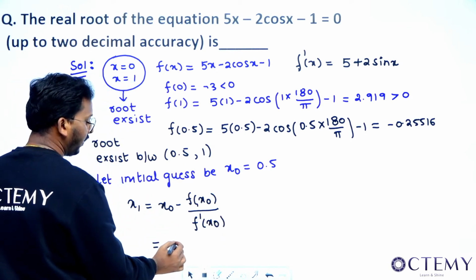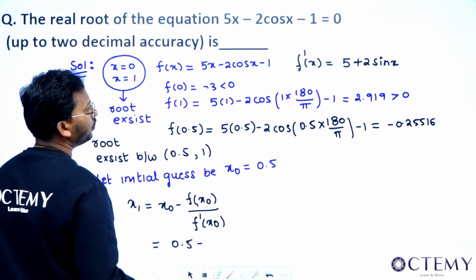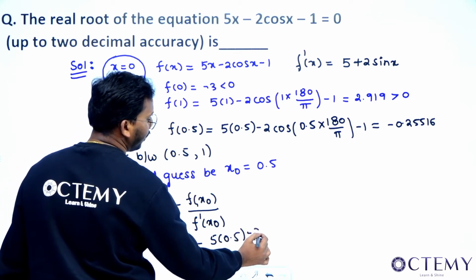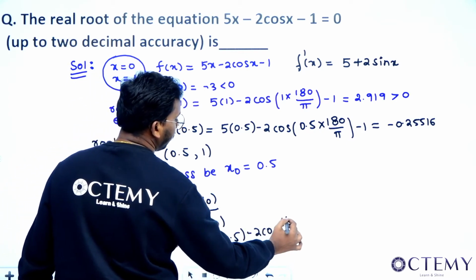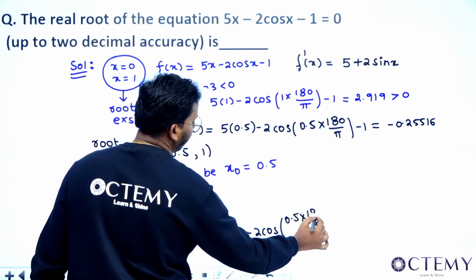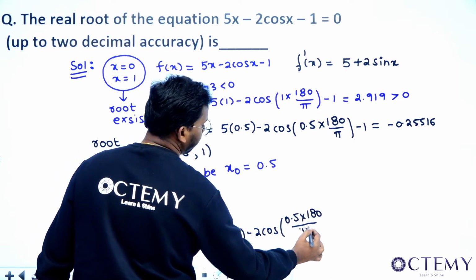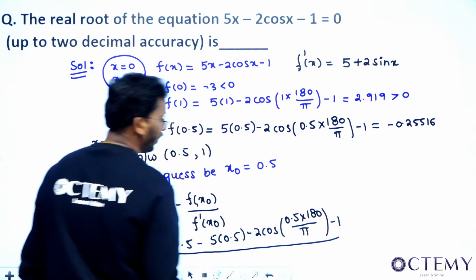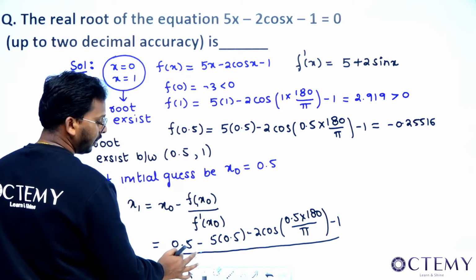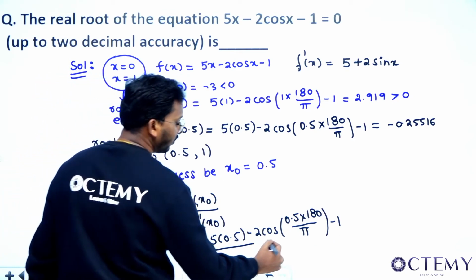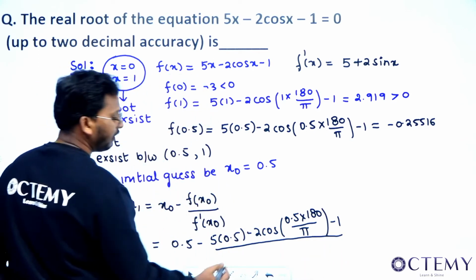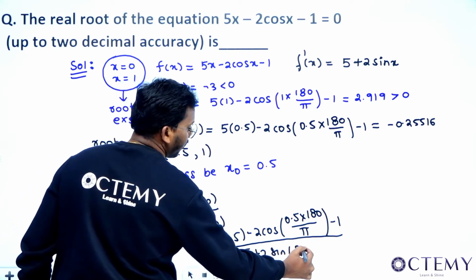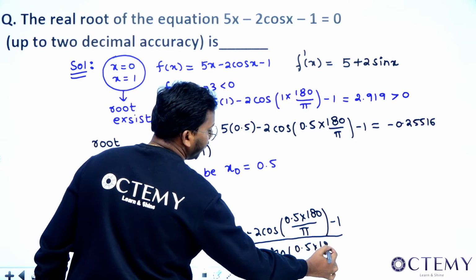Initially you have taken it as 0.5, minus 5 into 0.5 minus 2 times cos 0.5 into 180 by pi, this is in degrees, minus 1, divided by, not all divided by, it is only divided by this, 5 plus 2 times sine 0.5 into 180 divided by pi.